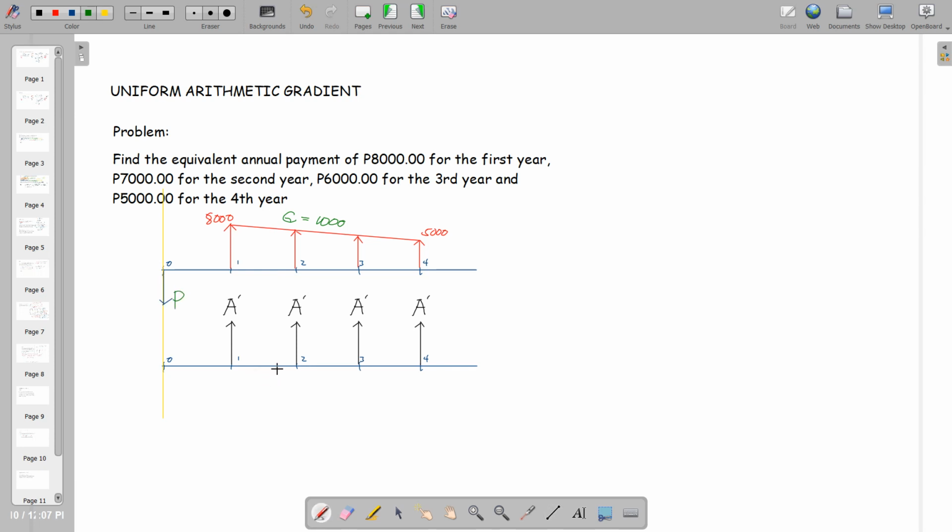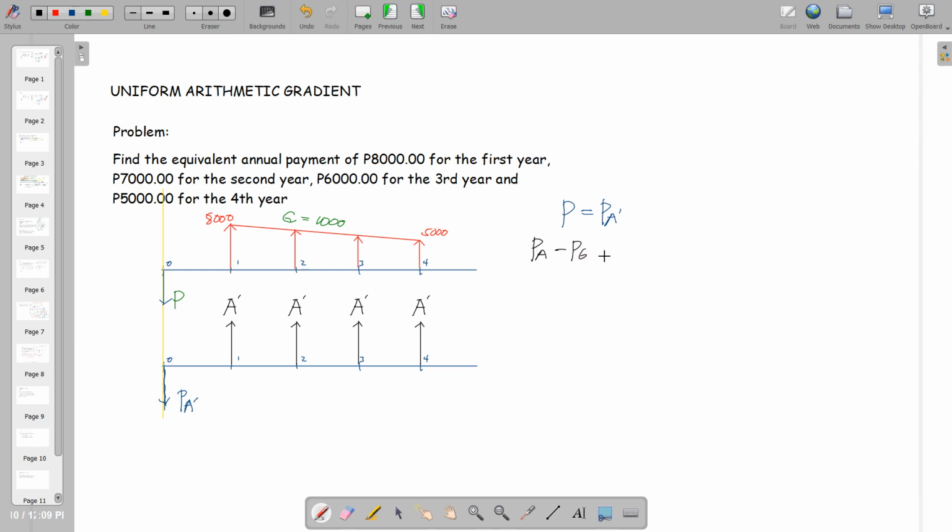So the first cash flow has a present worth, as well as the second cash flow. So the second cash flow is actually the solution. This is the corresponding equivalent payment of this original cash flow. So basically, the present worth of the original is equal to the present worth of the proposed equivalent annual payment.